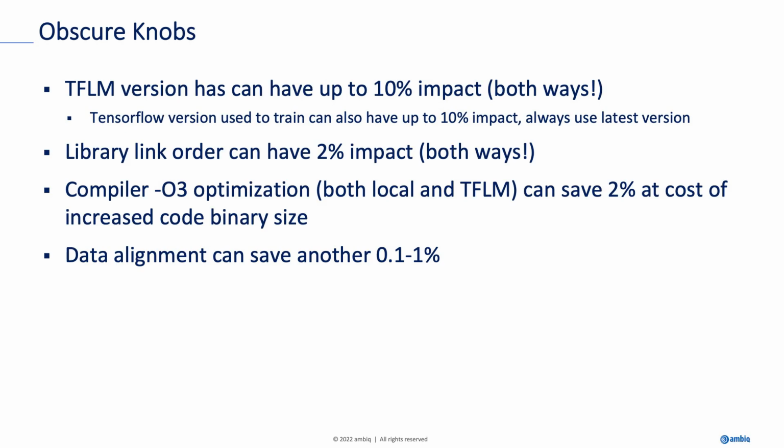All right, and these are some of the obscure knobs, and they're top of mind because we just went through an optimization exercise. Which version of TensorFlow Lite for microcontrollers you use to interpret has an impact. You would think that as you get more and more recent versions, your performance goes up.